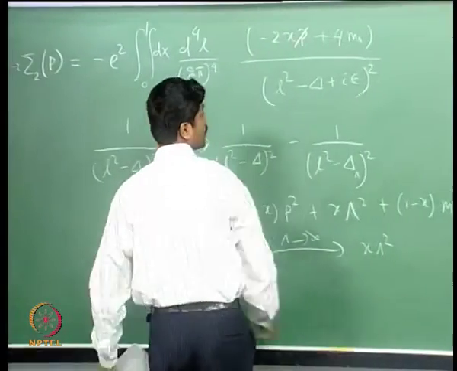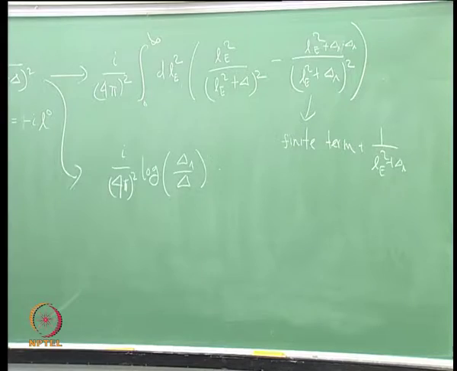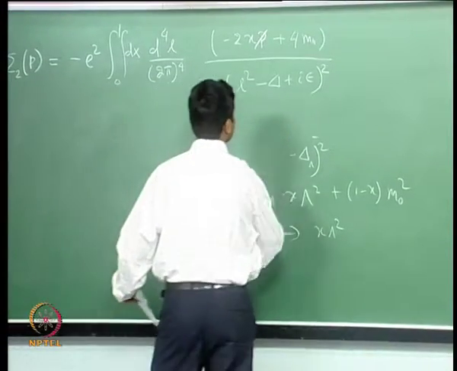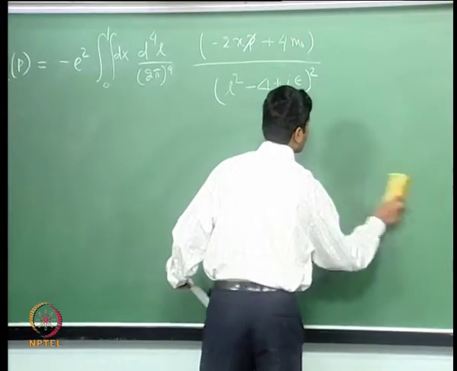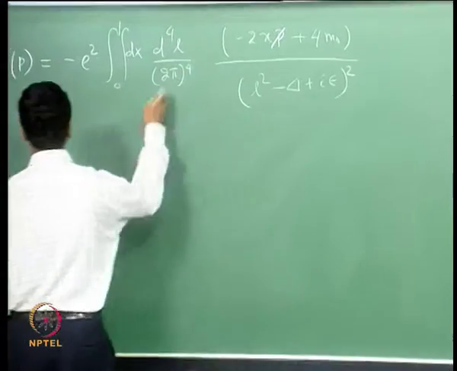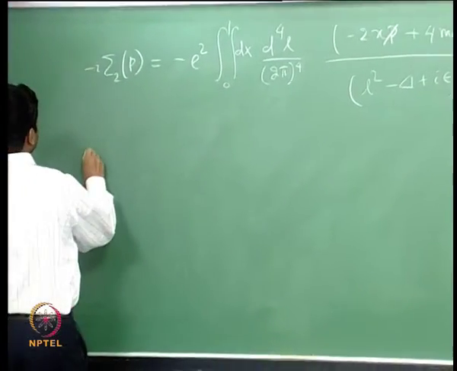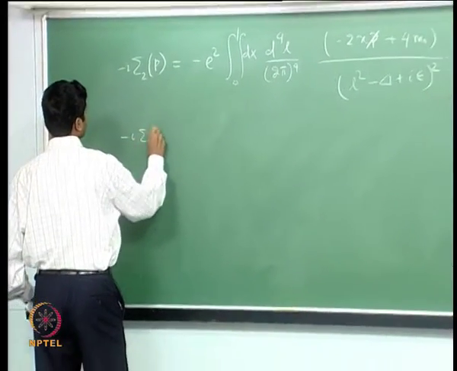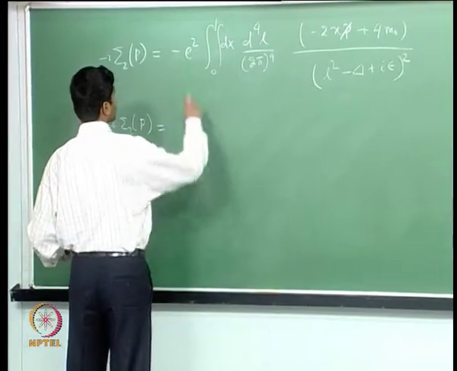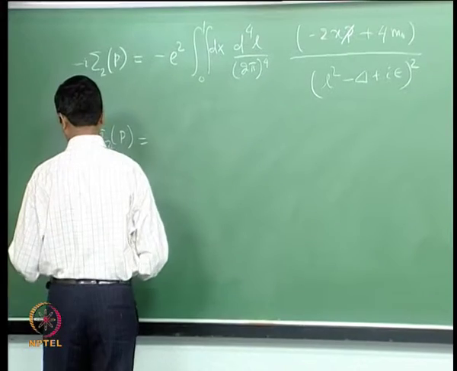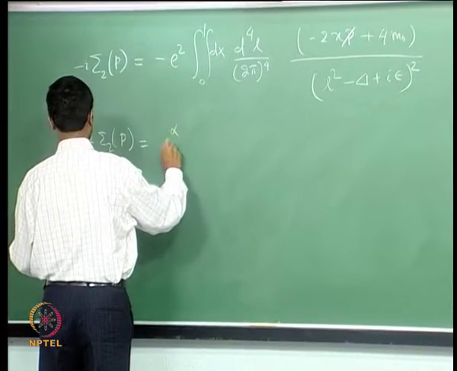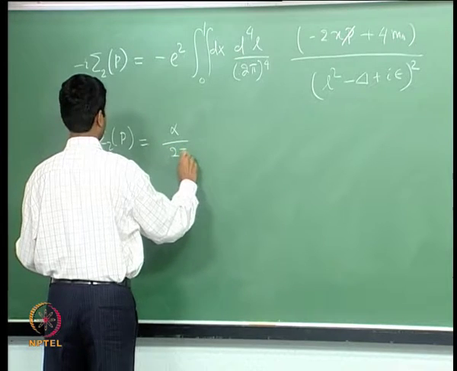So, what I will do is that if I substitute whatever we have evaluated earlier, then I will get for minus I sigma 2 of p, this minus e square and 4 pi will give me alpha divided by 2 pi.